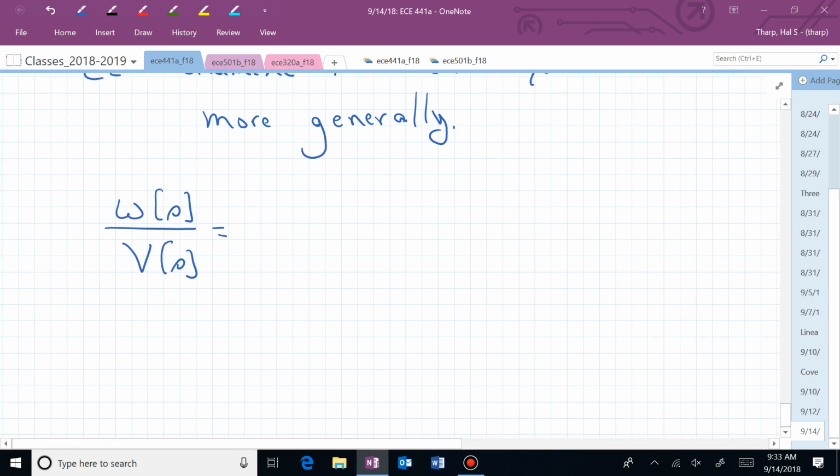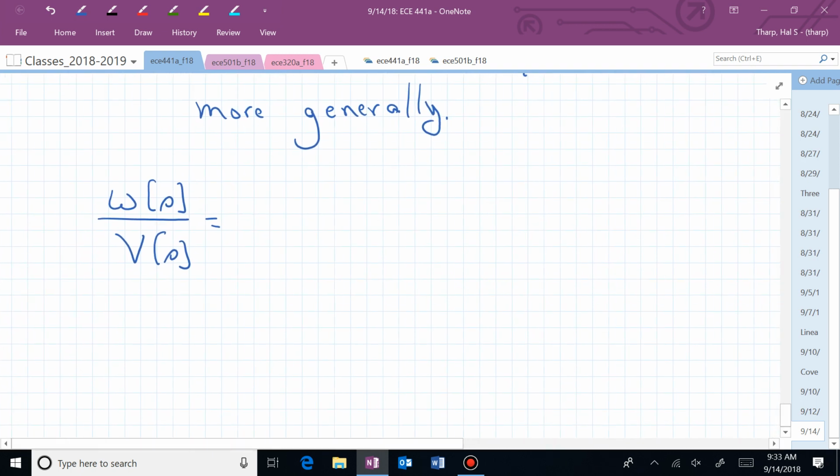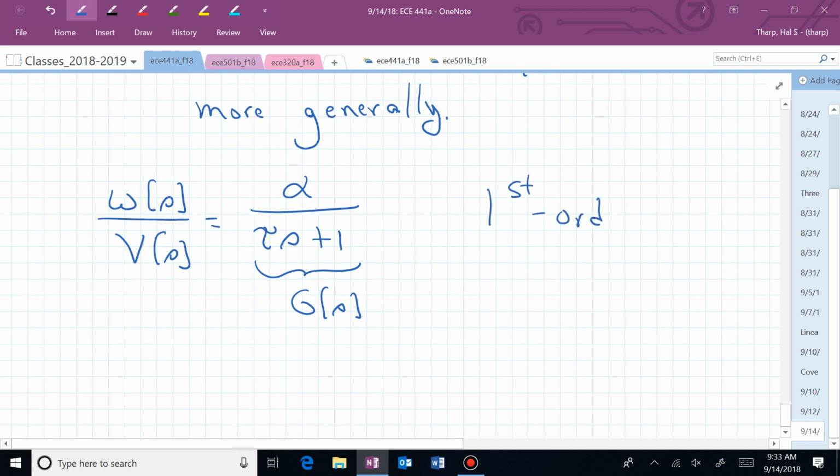But again, we're assuming if it's first order, it can be modeled as alpha over tau s plus 1. There's our transfer function, and if somebody gave that to you and asked you on an exam, what's the order of that transfer function, I hope you bubble in 1 or first. Not second, not third. That won't be on my test, but it might have been on somebody else's.